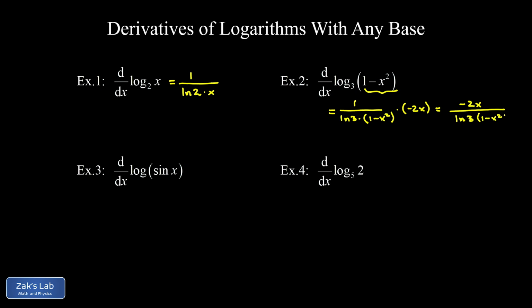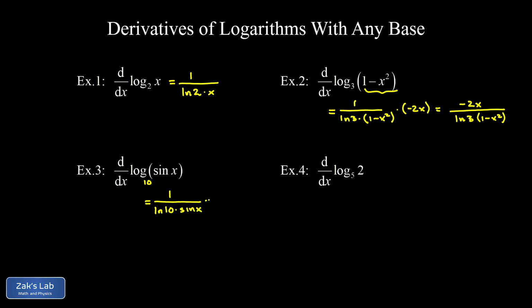Our next example is a little reminder that if I just see log, it's implied that I'm talking about a base of 10. So I have the derivative of log base 10 of sine x. And again, we have to use the chain rule on this, and we start by differentiating with respect to sine x. So we apply our new formula, and we get 1 over natural log 10 times the sine of x, so just 1 over the argument of the log function there.